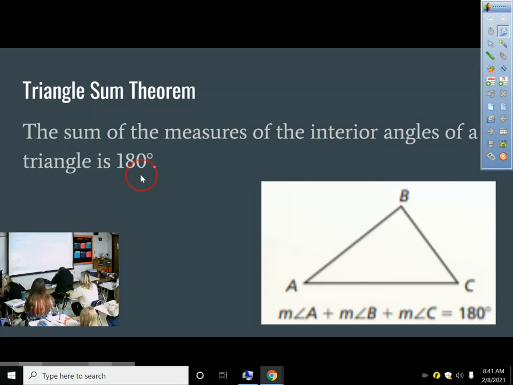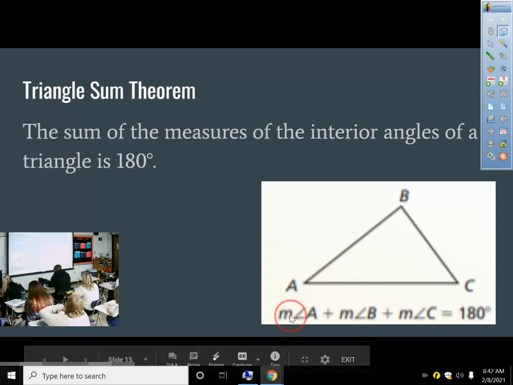And then, once you write that down, I have a picture over there under triangle sum theorem of triangle ABC. And what that means in geometry language, how you would write the triangle sum theorem, you would put the measure of angle A plus the measure of angle B plus the measure of angle C is going to be 180 degrees.